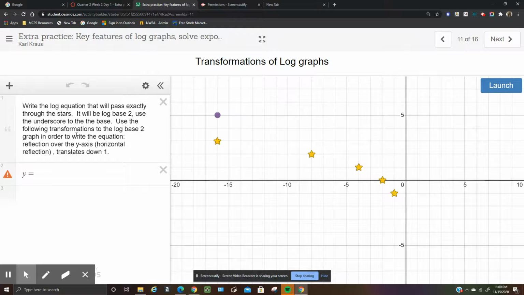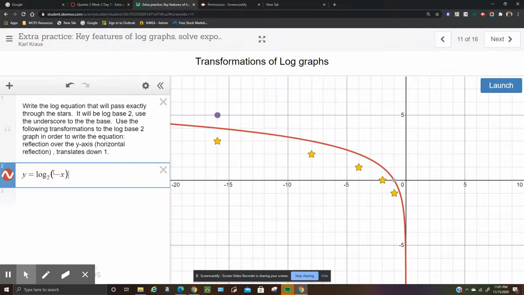Number 11, you want to do log base 2 again, and the transformation is reflected over the y-axis, so horizontal reflection, and down 1, so log base 2. And then reflected over the y, or horizontal, is negative x.